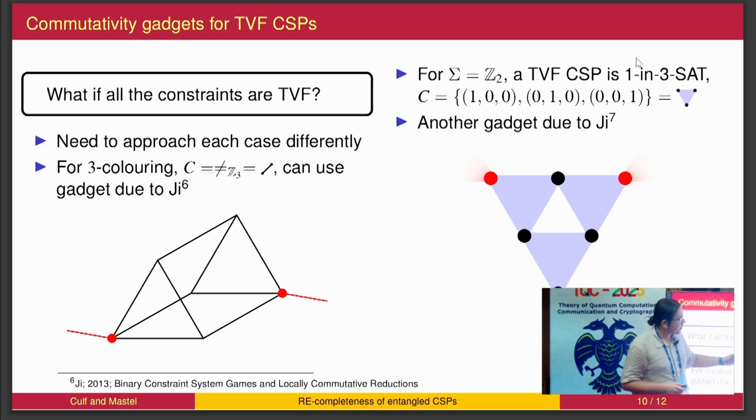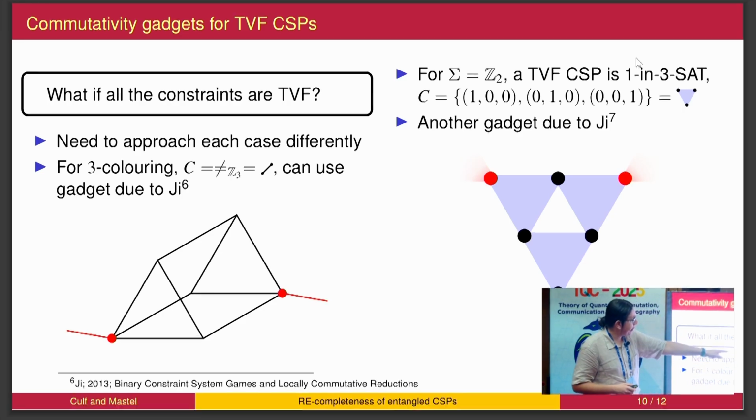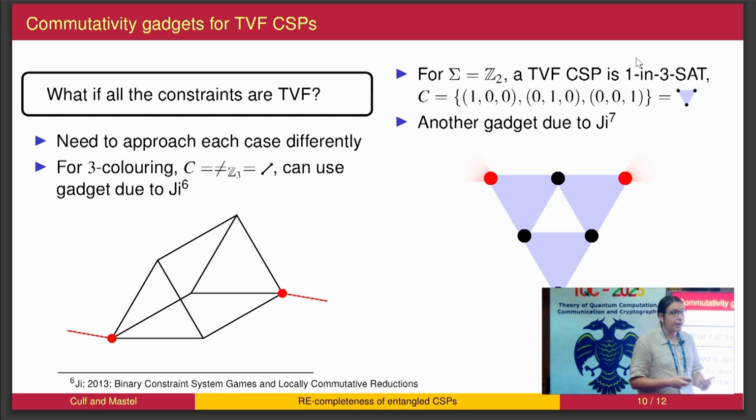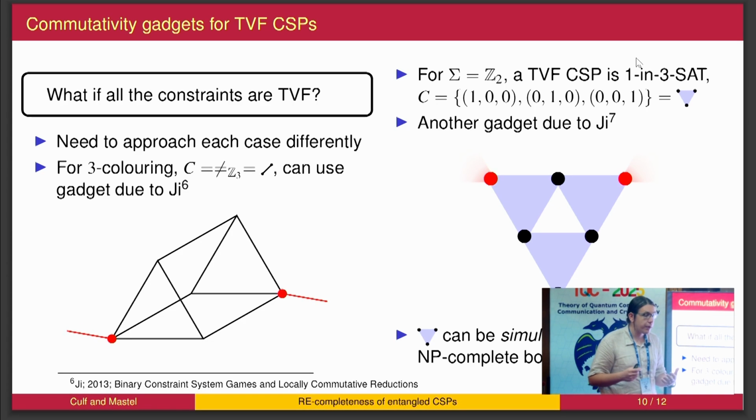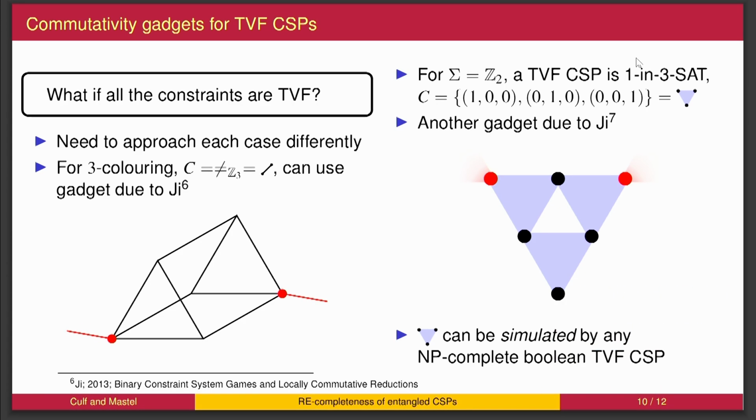You do end up with the same condition that these two red variables can take any value, but they have to have commuting measurements. And it turns out that this generalizes a lot. Every two-variable falsifiable CSP can be used to simulate a single 1-in-3-SAT constraint, and then three of these 1-in-3-SAT constraints can be stitched together to make a commutativity gadget.